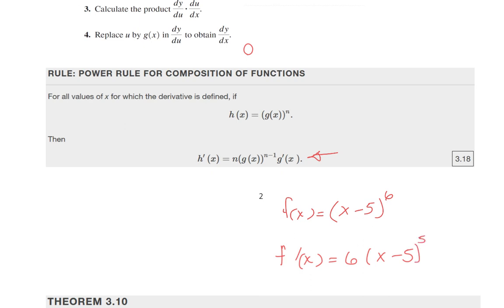That is this piece of it, so I've just done the derivative of my outer function, which is something to the 6th power. Now I need to multiply by my inner function derivative. The derivative of x minus 5 is just 1. And so that would be the derivative of x minus 5 raised to the 6th power.